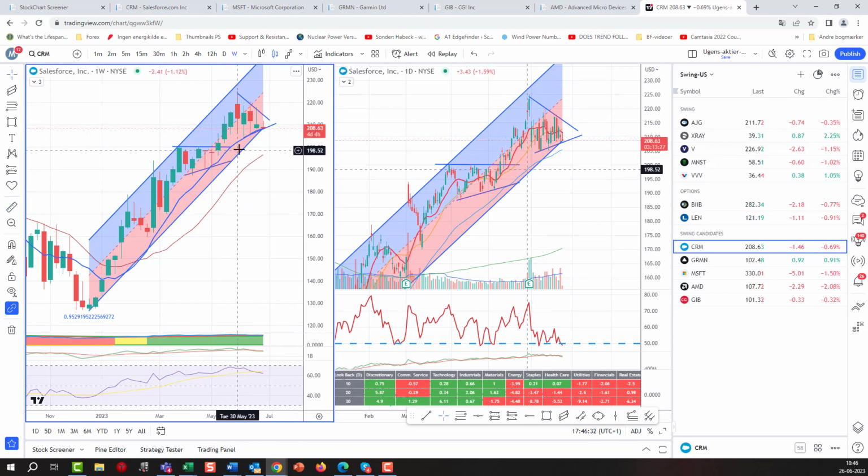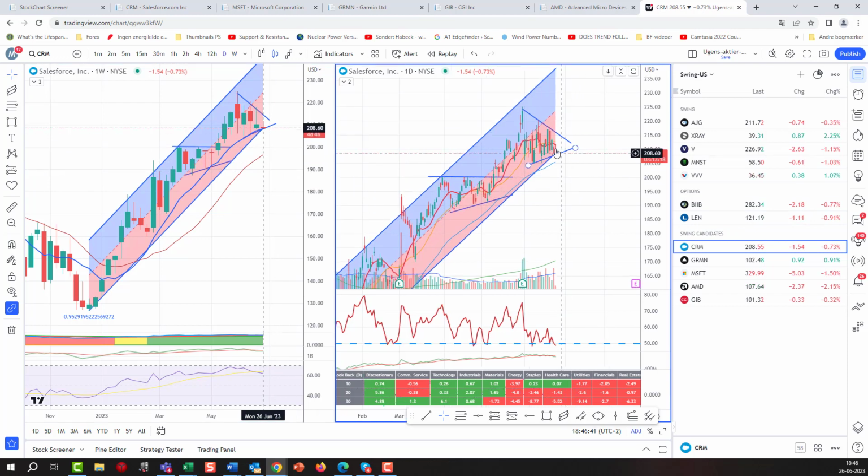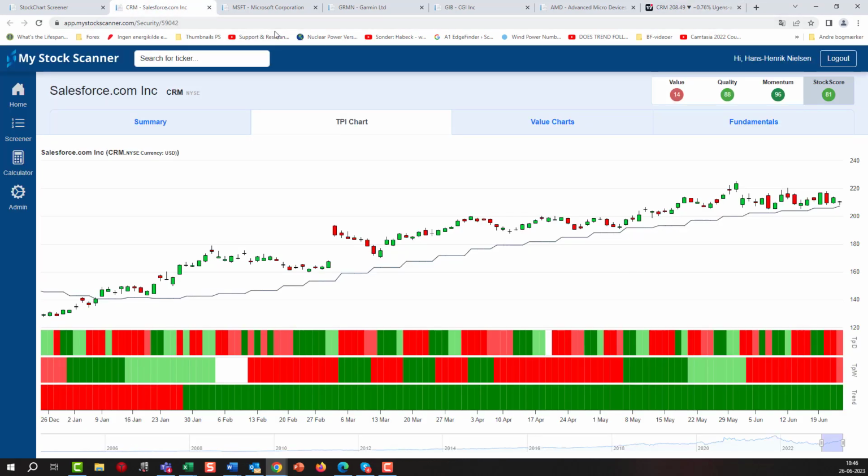So this seems to be in the area where it would be reasonable to expect some sort of uptick. Now, the market is a bit red and a bit in a bad mood right now. So I would like to see a good green day before I buy a swing trade in Salesforce. But you can also use this to maybe write a cash secured put option somewhere down here, maybe 190 or something like that. So Salesforce, first candidate.